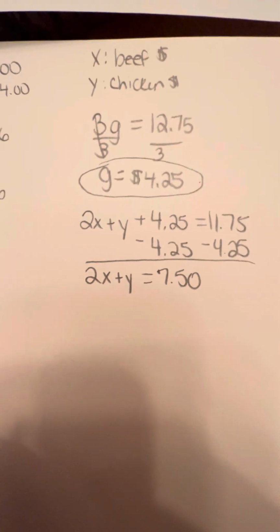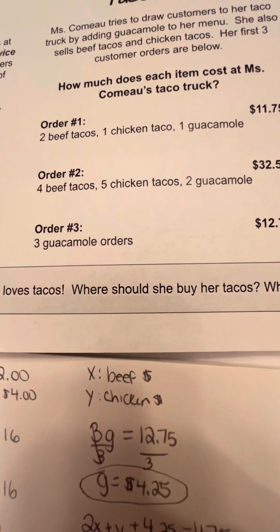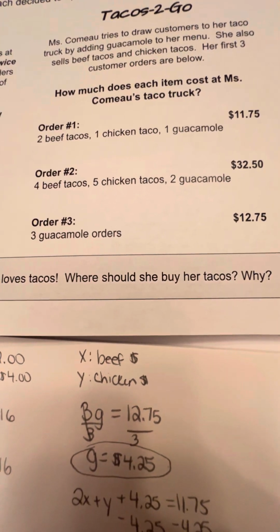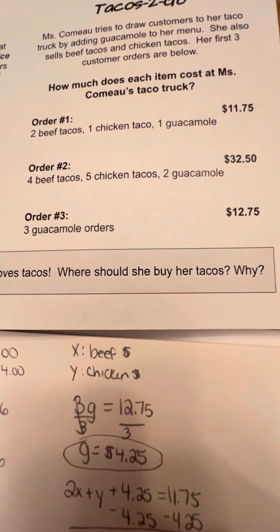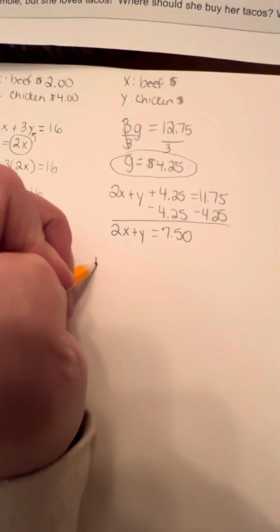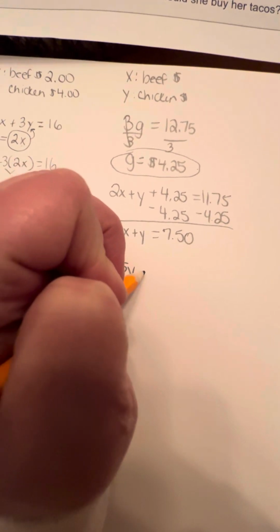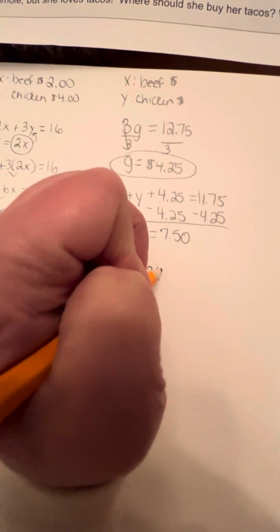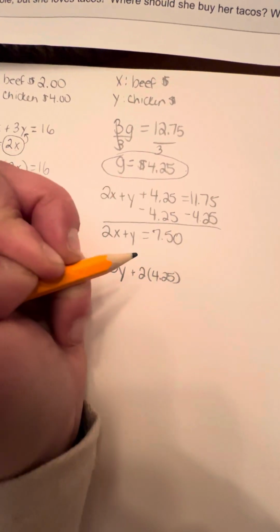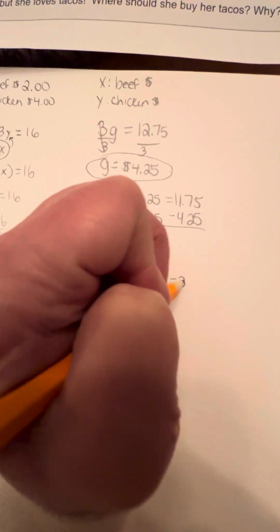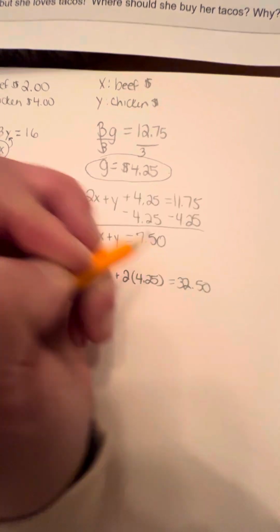Now I'm going to do the same thing with the second order. So we've got 4 beef tacos, 5 chicken, and 2 guacs at $32.50. So we've got 4x plus 5y, and then we have 2 guacs, which were $4.25 a piece, and that equals $32.50.